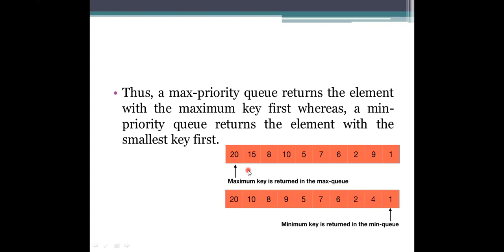This minimum and maximum has a property equivalent to the heap. Heap consists of two types: min heap and max heap. Likewise, it also supports max priority queue and min priority queue. This also allows parallel access.